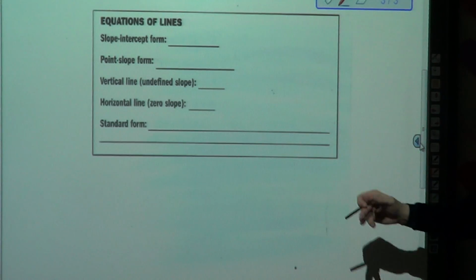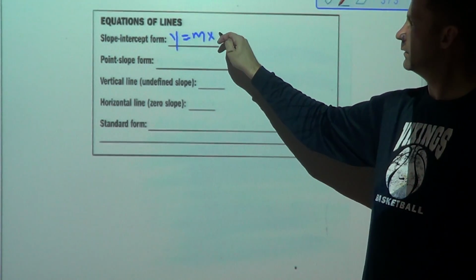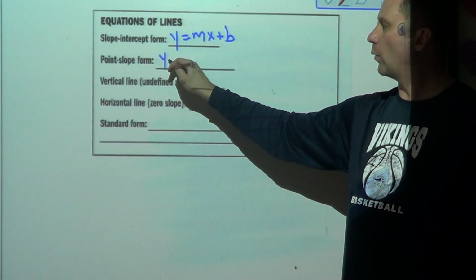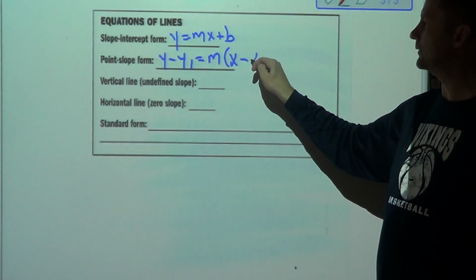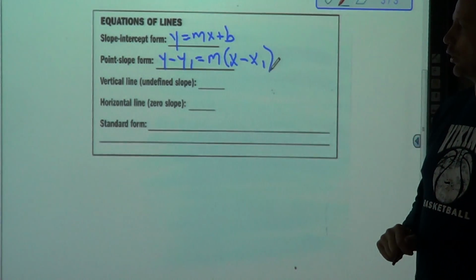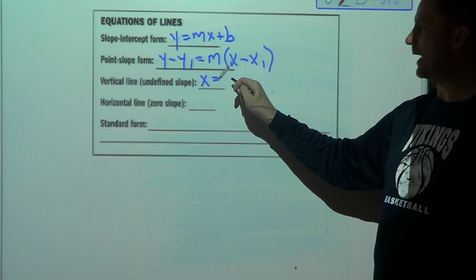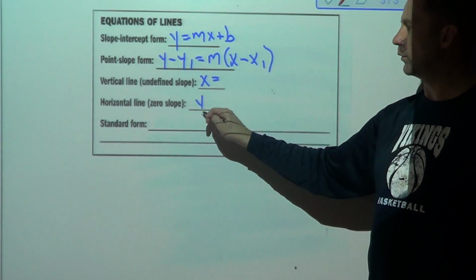All right, so in summary here, here are the equations of lines that we've learned. Slope-intercept form is y equals mx plus b. Point-slope form is y minus y sub 1 equals m times x minus x sub 1. A vertical line is going to be x equals, and sometimes they say a or b, it doesn't matter, x equals whatever the number is. Horizontal lines are y equals.